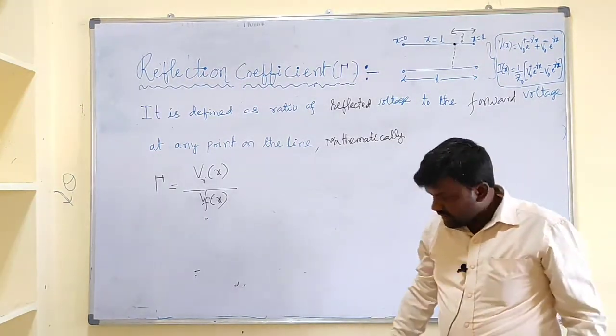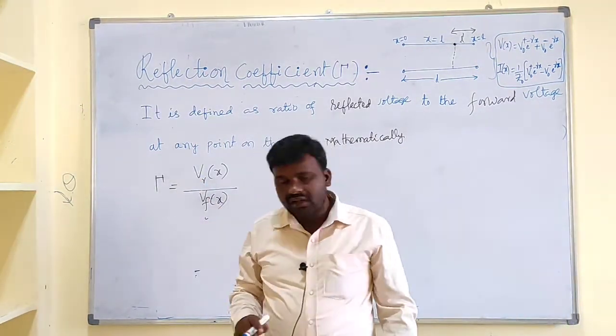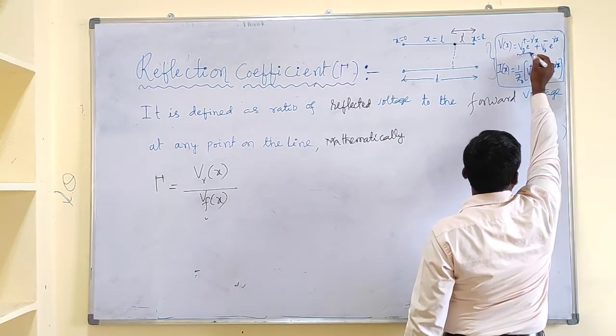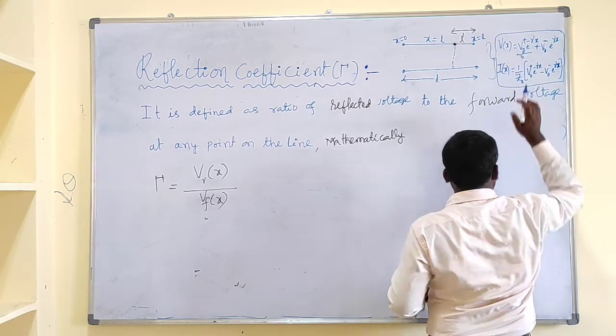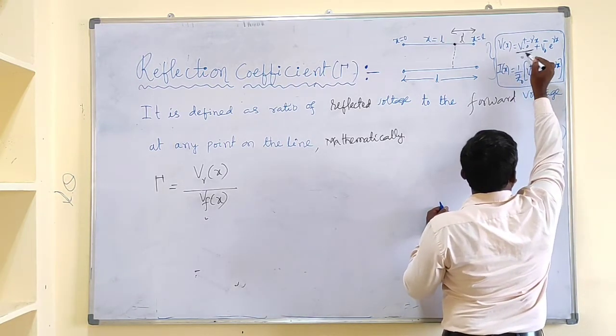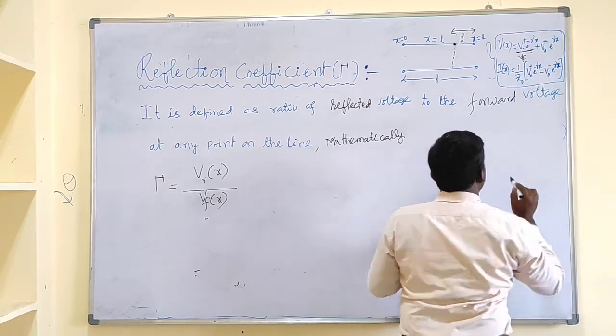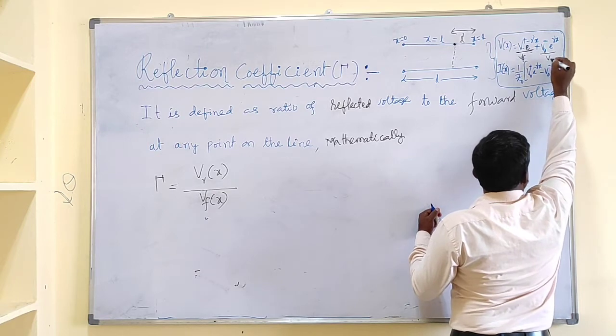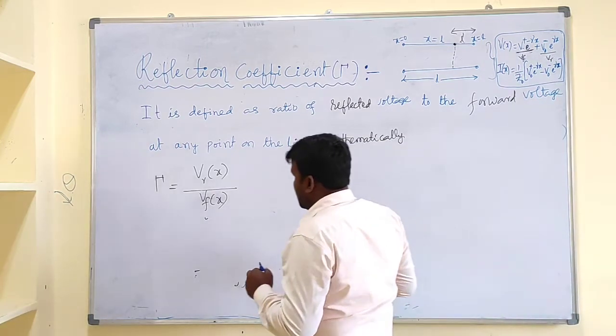Here the first one is the forward voltage, V0 plus e to the power minus gamma x, and this is the reflected voltage, VR.